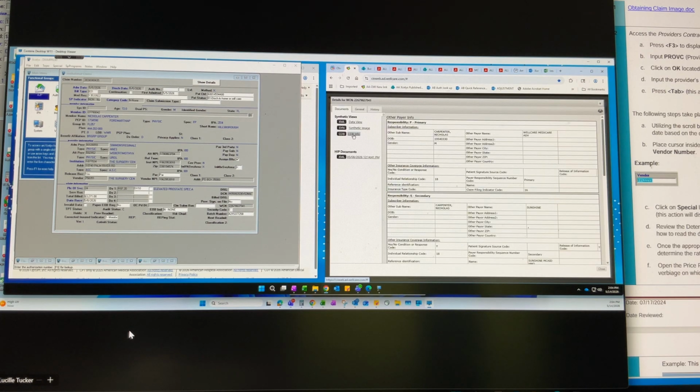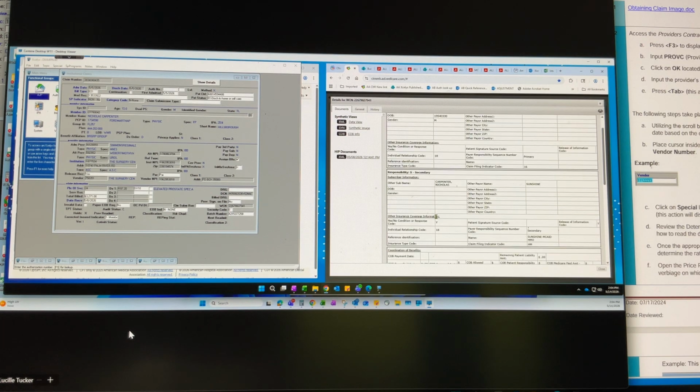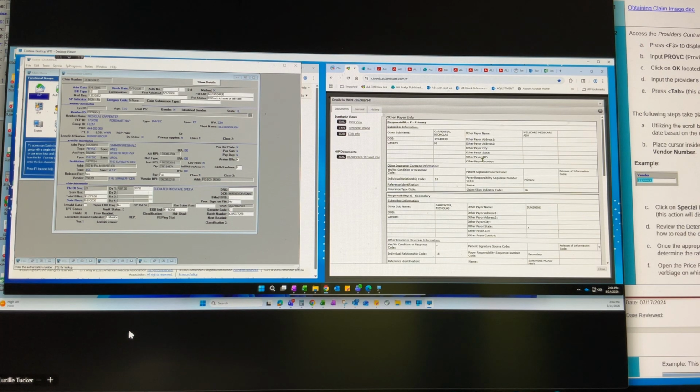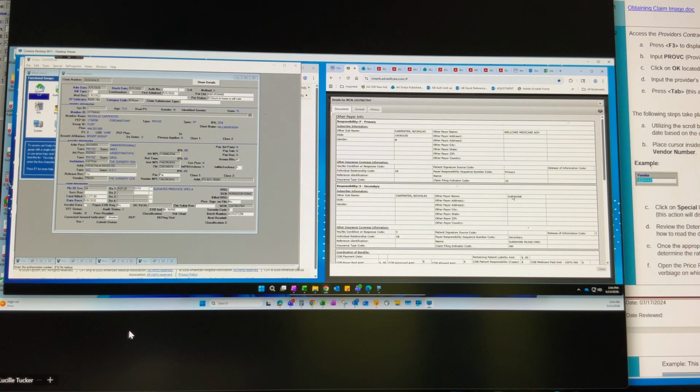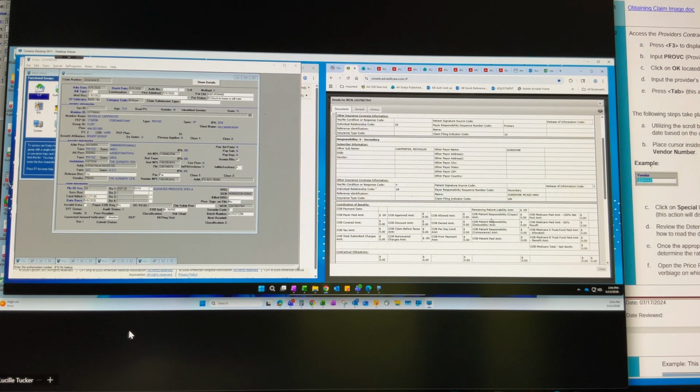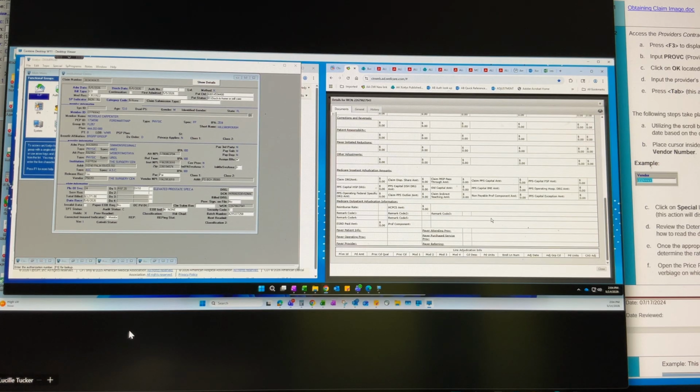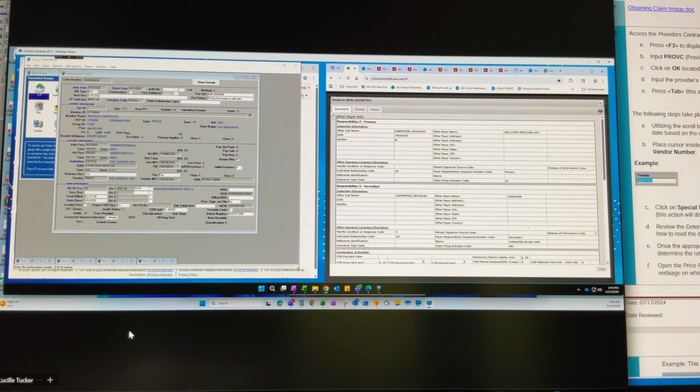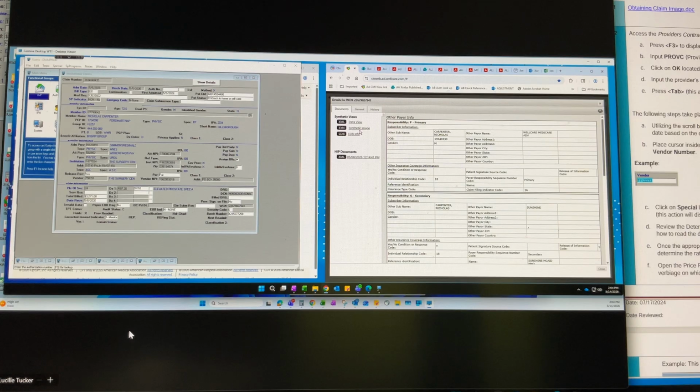I don't expect to see any, and I don't have any. So this says WellCare, Medicare Advantage, and Sunshine. Sunshine State Healthcare is actually WellCare Florida. So their Florida plan is called Sunshine State Healthcare. So, yep, no COB information attached.